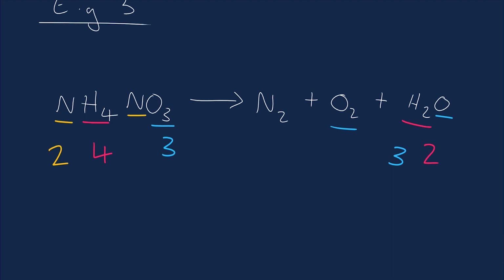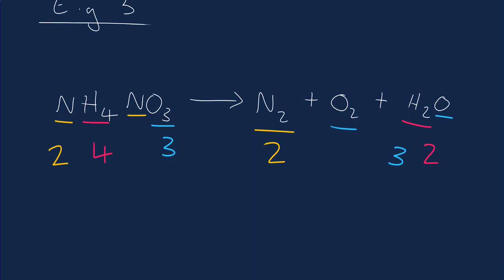Nitrogen, we have N2, so we have 2 nitrogens. So what is out of balance? Because nitrogen is balanced and oxygen is balanced, but hydrogen is not balanced. Okay? It is this hydrogen here, which is not balanced.